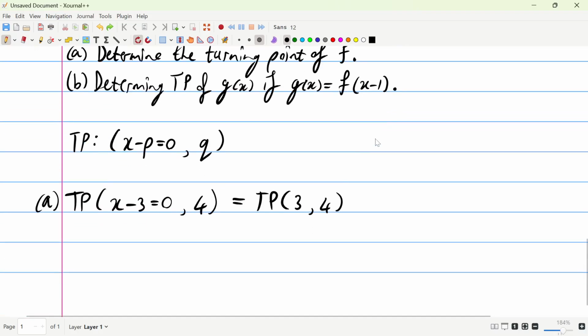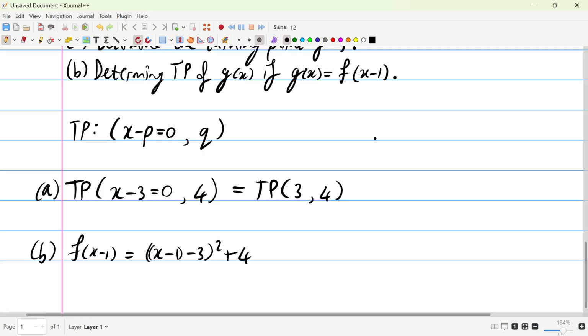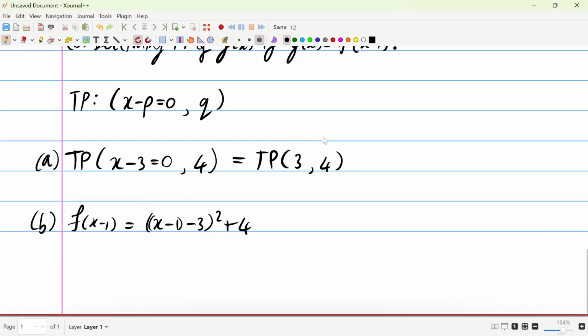So f of x minus 1 is just going to be equal to (x minus 1 minus 3) squared plus 4, just putting it in the bracket there. Notice that all we did was substitute x for x minus 1.